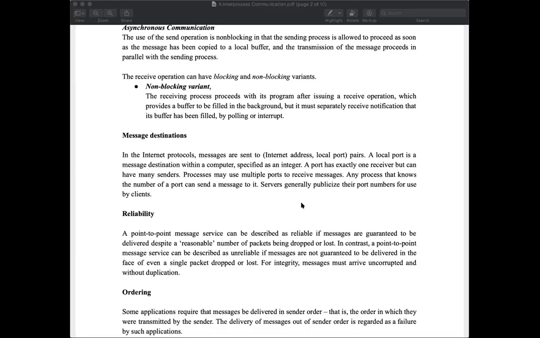Your browser process communicates with external resources through HTTPS, through port 80. And if you use SSH to another computer or server, on the same machine, you connect through port 22. Likewise, each and every process is allocated a port, so together we call it the message destination. That pair of the internet address and the local port defines the message destination.